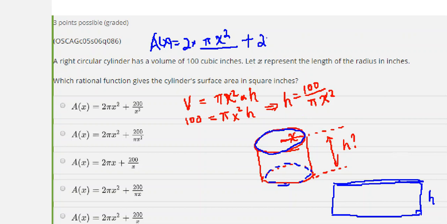It's going to be 2 pi times the radius, which is your x, times the height, h. What is h? This is the h that we just found. And then you should simplify, and then you should find the correct answer.